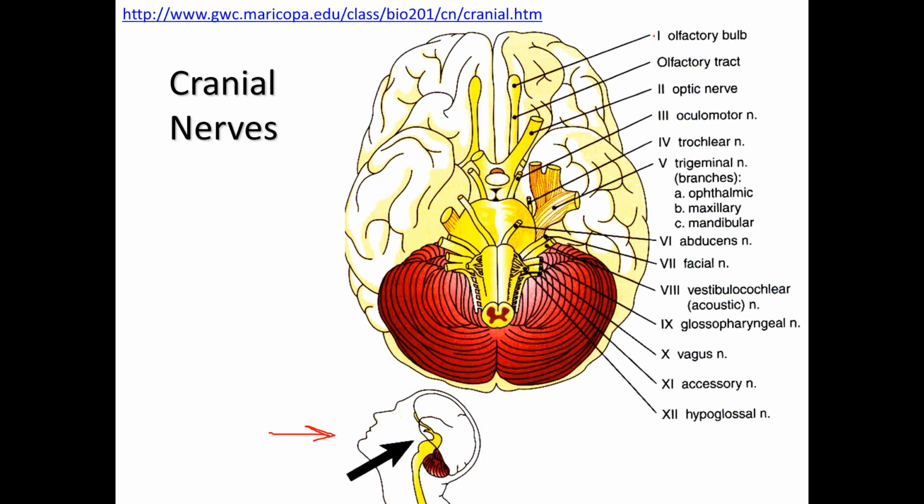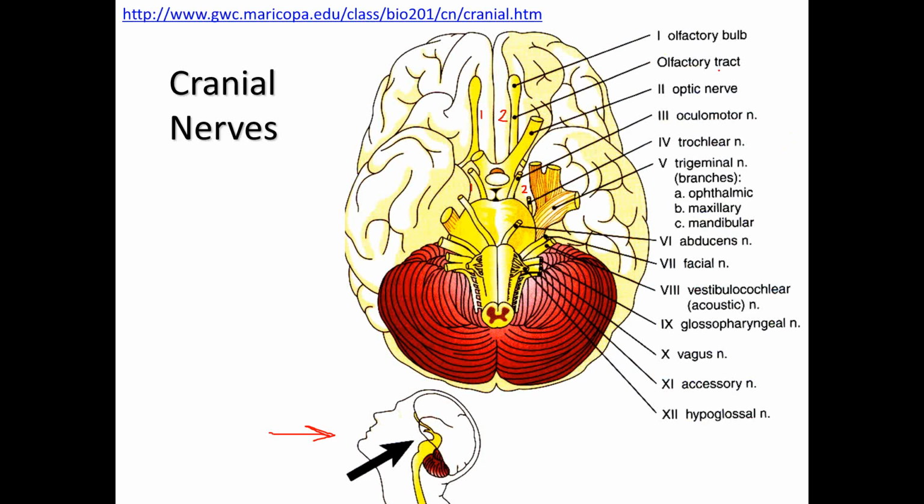As briefly mentioned in the last slide, they're given Roman numerals, so the 1, 2, 3, 4, 5, 6, 7, 8, 9, 10, 11, 12 cranial nerves. And the clever ones amongst you will have noticed they're in pairs, so for each side of the body there is a cranial nerve. They all have different functions.